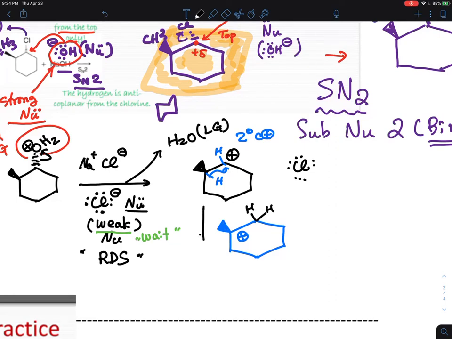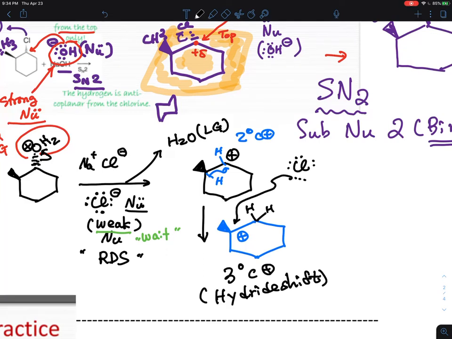So this is a tertiary carbocation by hydride shift. And then the chlorine will be connected to this side, so you will see this methyl, and chlorine attached to this side.